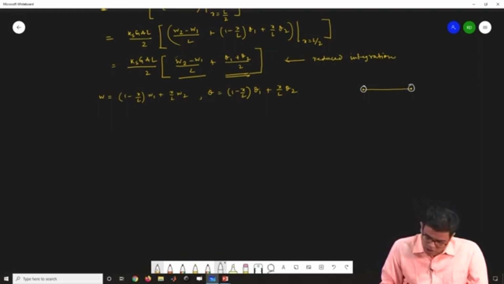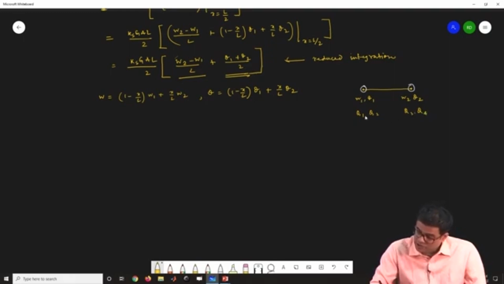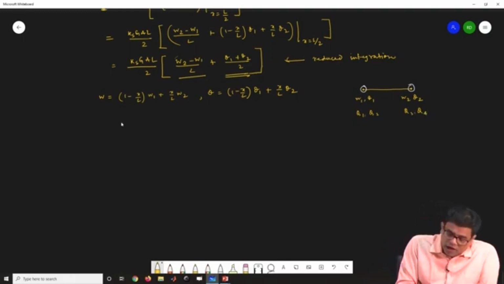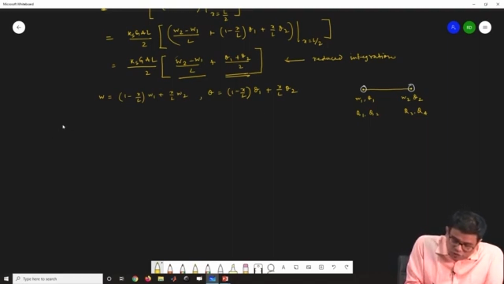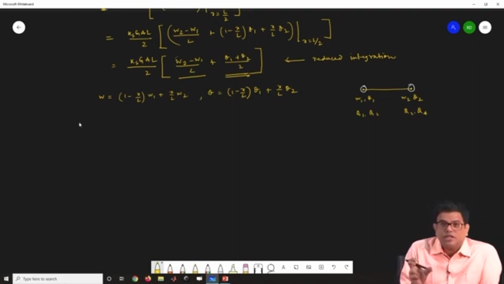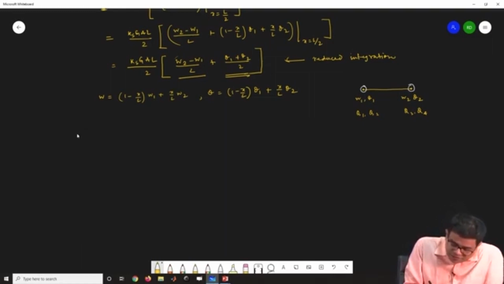So now here W1, theta 1, W2, theta 2, and similarly Q1, Q2 and Q3, Q4. So that is your moment and shears. Now here we need to recall that stiffness matrix expression to compute the stiffnesses.